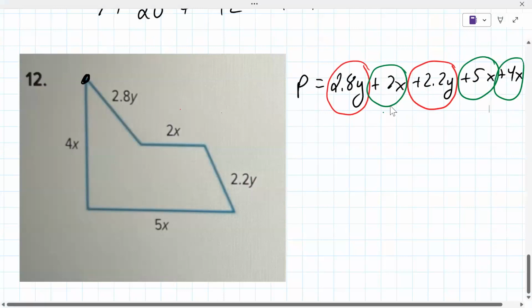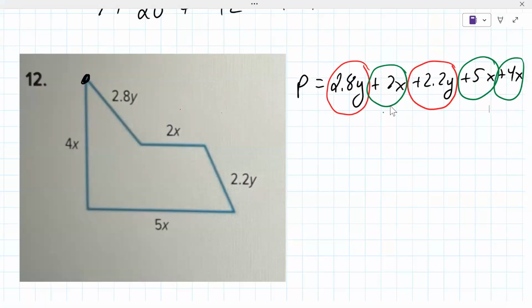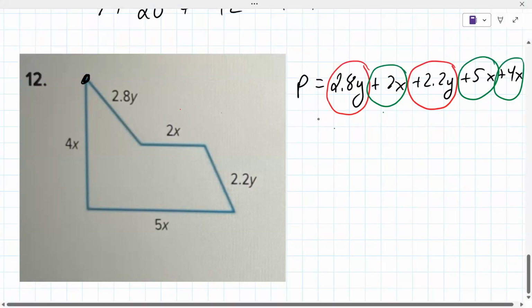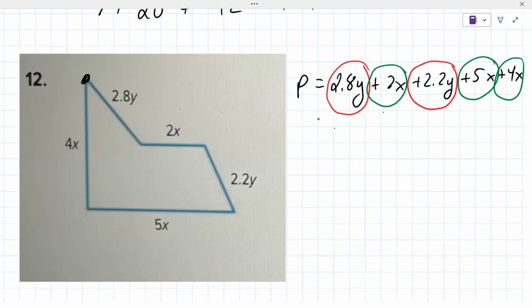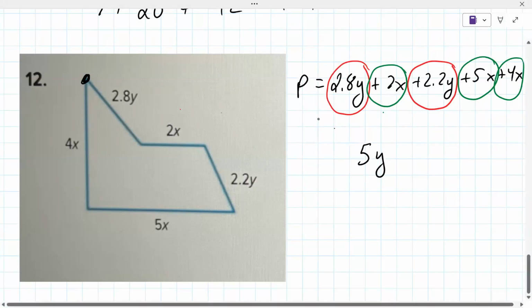Could you try simplifying that for us, please? Five y plus 11x. Very good.